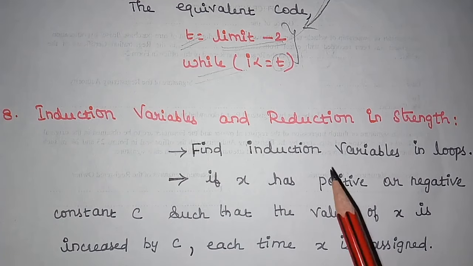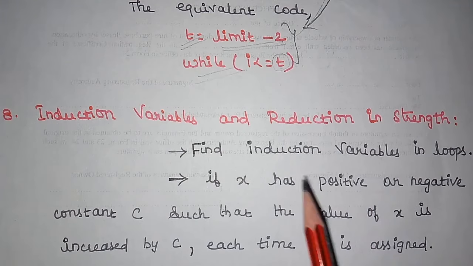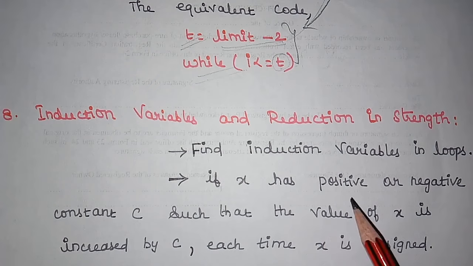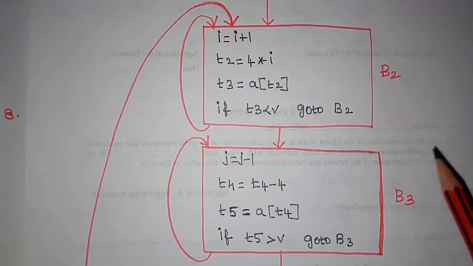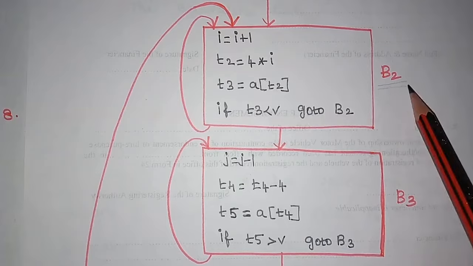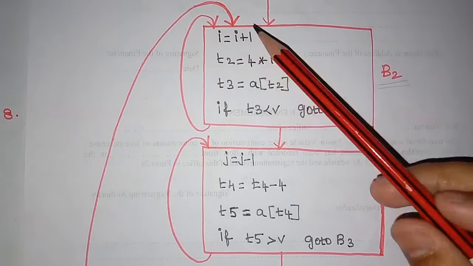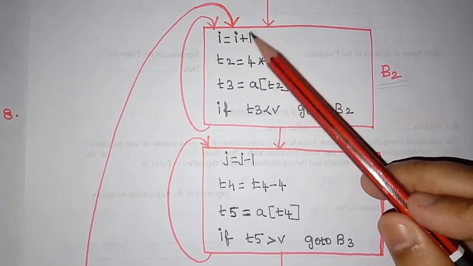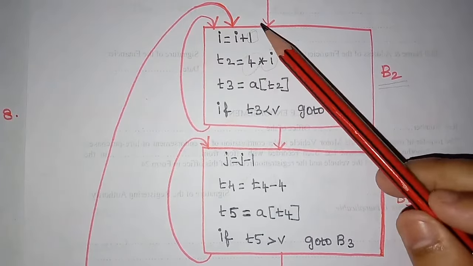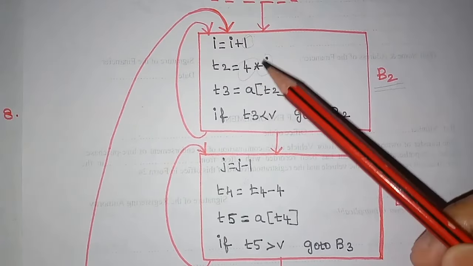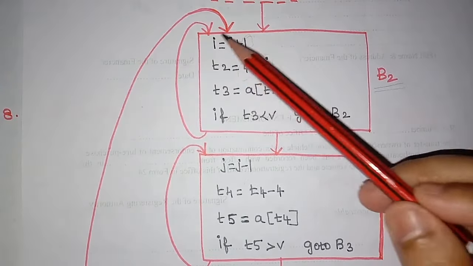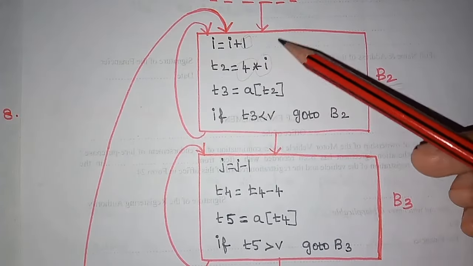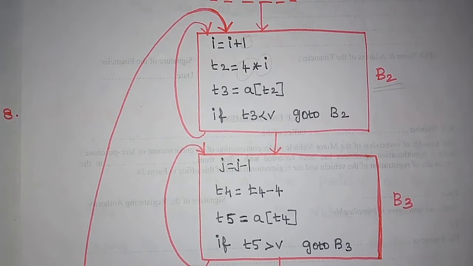Whenever we are doing optimization, first we need to find the induction variables inside the loop, and then we can go for optimization. For example, in this block 2, I and t2 are induction variables. Why? Because they change by some constant values, and based on these constants the values of I and t2 get changed. So these two are considered induction variables.